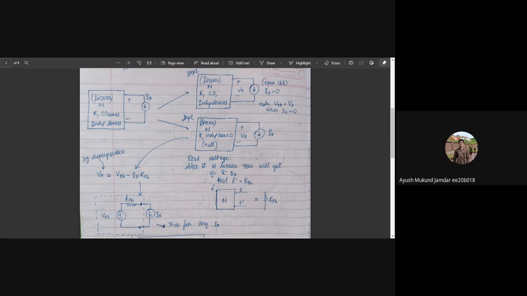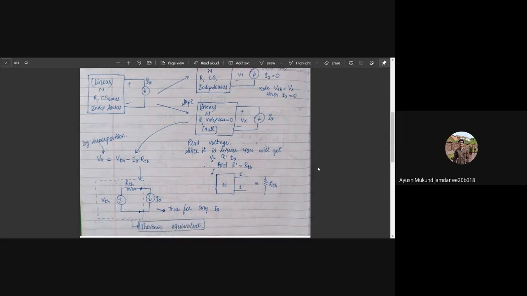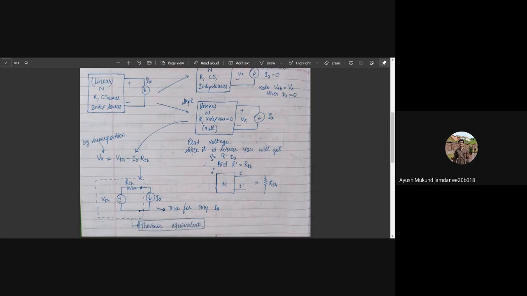That is all Thevenin theorem has to say. Once you have VTH and RTH, you have the equivalent of the system, and you can connect it to the other network, current sources, resistor or whatever. Thus we have simplified a big network to just a voltage source and a resistance.